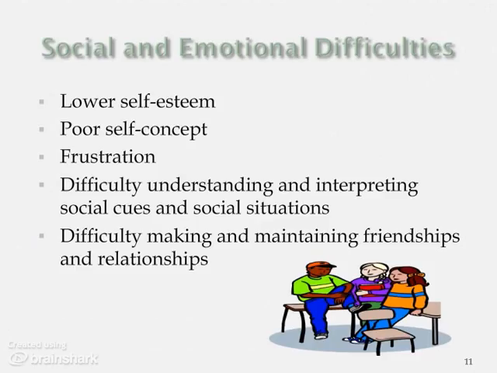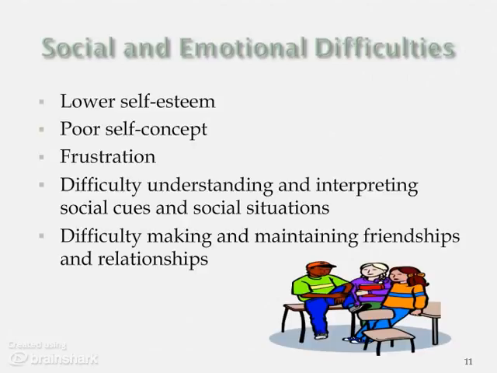Students with learning disabilities sometimes have some social and emotional difficulties, not all, but sometimes. But if you can imagine the frustration that goes along with not being able to learn like everyone else is seemingly doing without difficulty, you can imagine that there are going to be some issues that come out of that, which naturally are things like low self-esteem and poor self-concept.